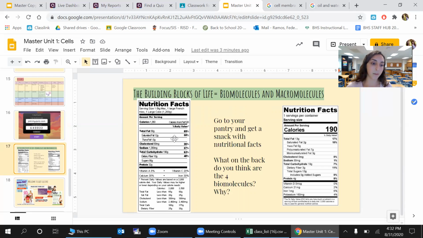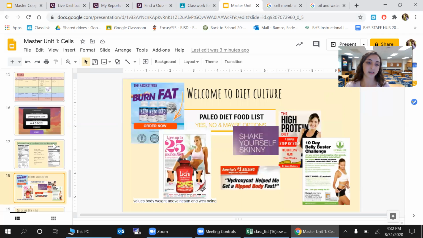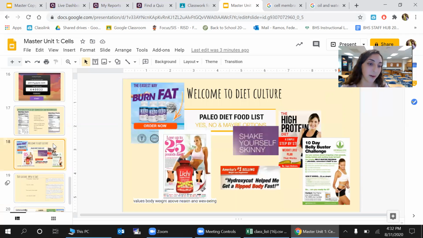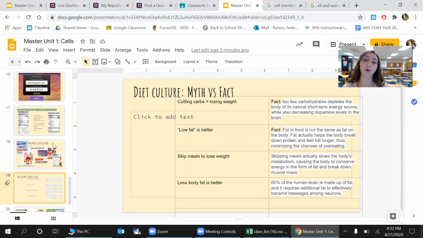So again, don't fall victim to diets. Your body needs food to survive, and for you to show up to my class every day. So that was my rant. It was just talking about how carbs are important, fats are important. Don't skip meals to lose weight.